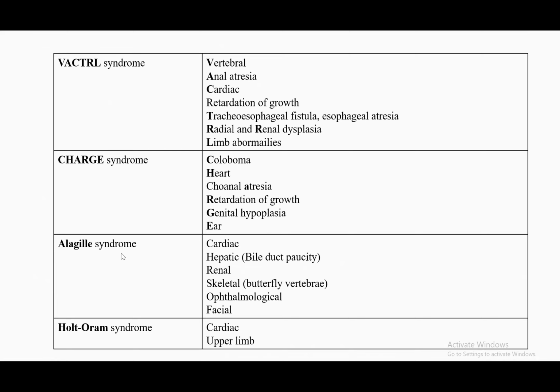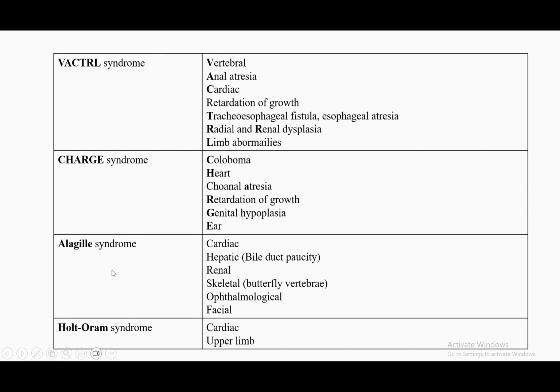VACTERL syndrome: vertebral anomalies, anal atresia, cardiac anomalies, retardation of growth, tracheoesophageal fistula, esophageal atresia, radial and renal dysplasia, limb abnormalities. So it is VACTERL. As for CHARGE: coloboma in the eye, heart abnormalities, choanal atresia, retardation of growth, genital hypoplasia, and ear anomalies.